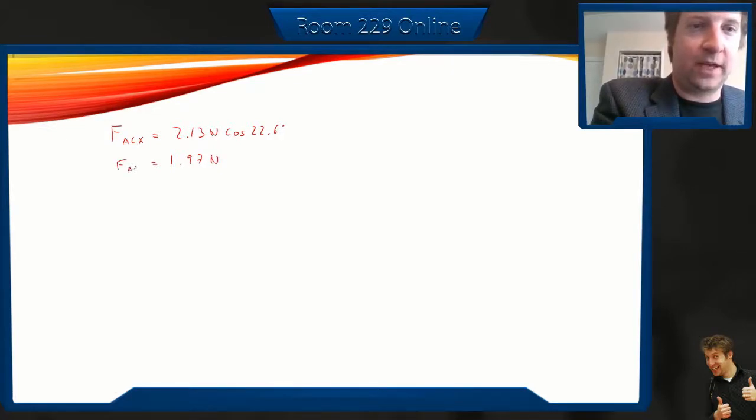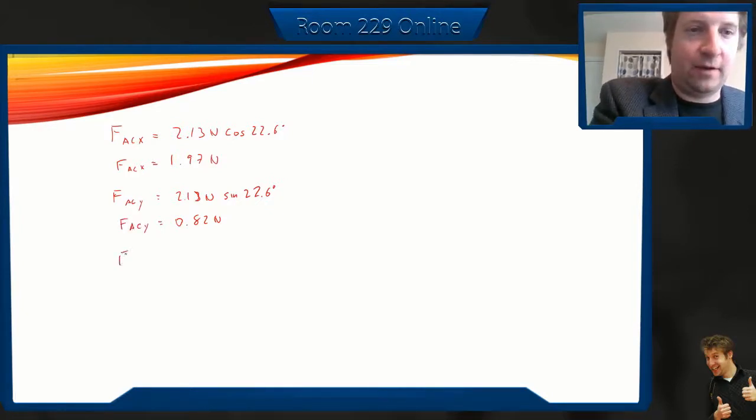Force of A on C in the x direction, and alternatively, A on C in the y direction, 2.13 newtons times sine 22.6 degrees, which is going to give me 0.82 newtons. Okay.